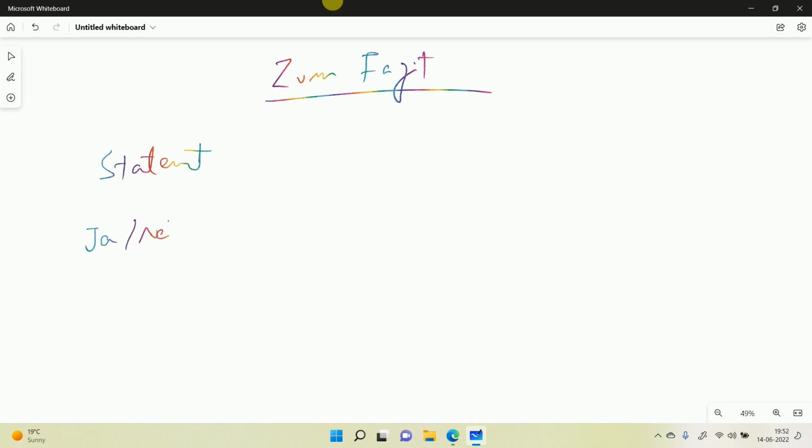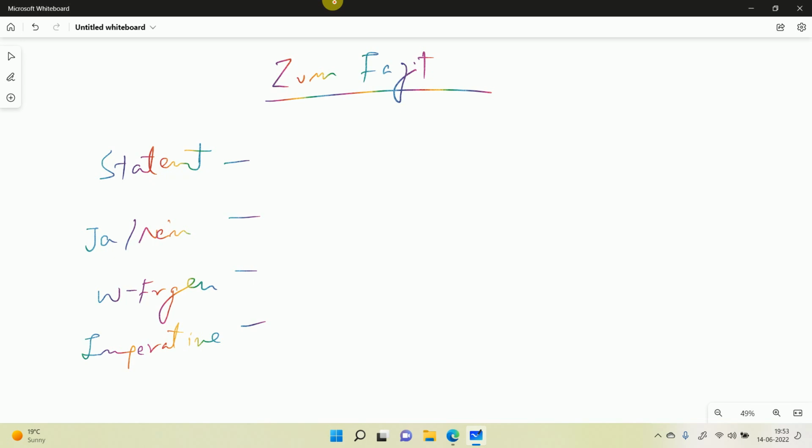Again. Also, zum Fazit. Zum Fazit means to conclude. We understood 4 types of sentences. One was the statement. Then there was the ja/nein Antwort, ja/nein Fragen. Then were the W-Fragen. And then was the Imperativ. Okay.